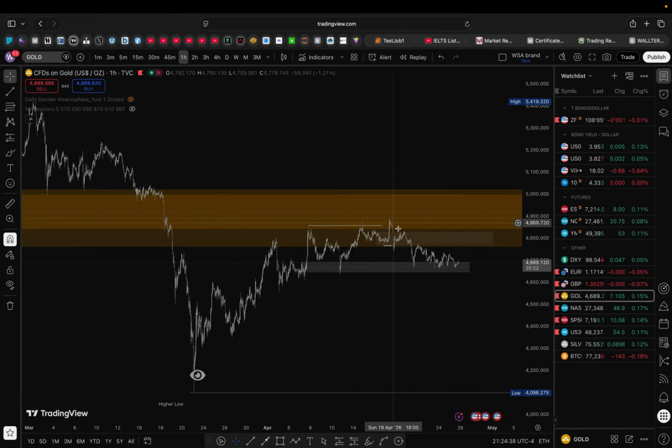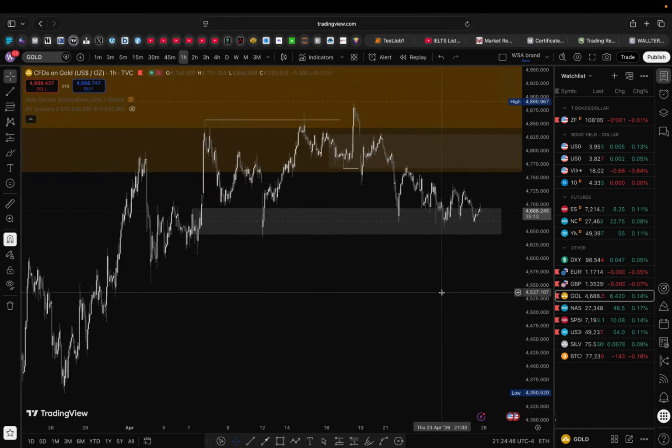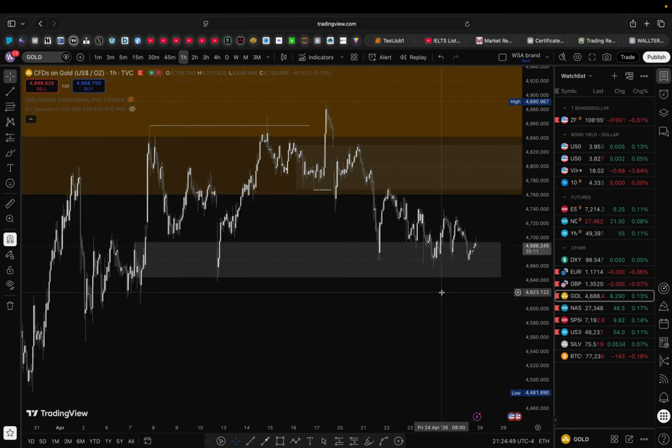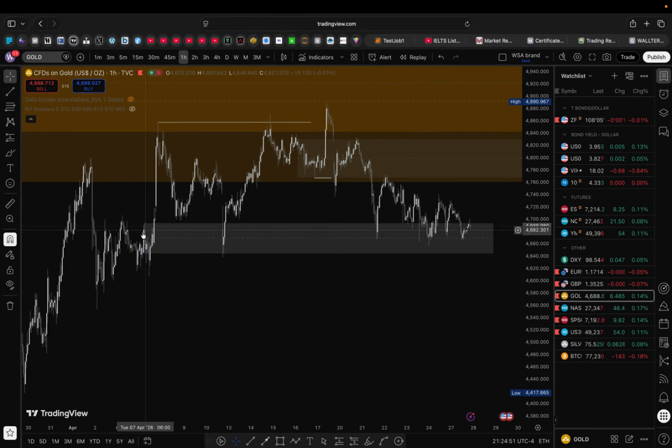There's so much movement that happened inside of here from this high to this low down here, but there is still room for further bearishness. Even though on the 1 hour chart, we can see this pivot that we looked at the previous time, and then we said that we wanted to see how price was going to react inside of here.